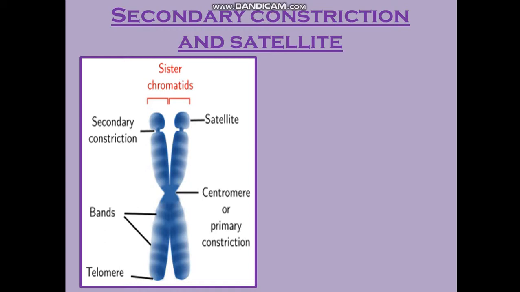So to understand and recognize these chromosomes, it is very much needed that they have unique characteristics, and the secondary constriction serves the purpose of identifying the chromosomes based on these special characters.